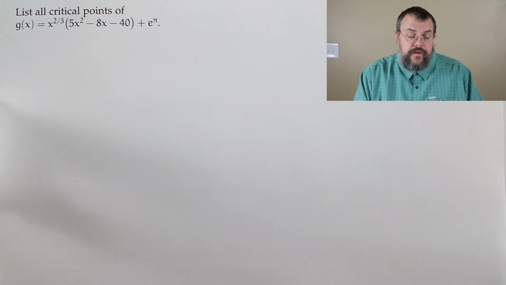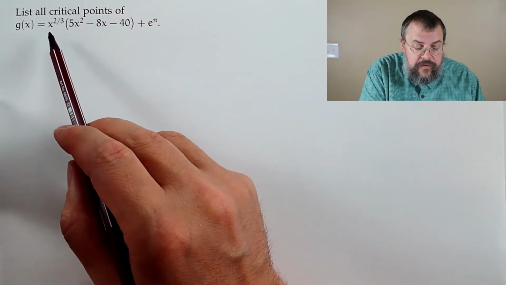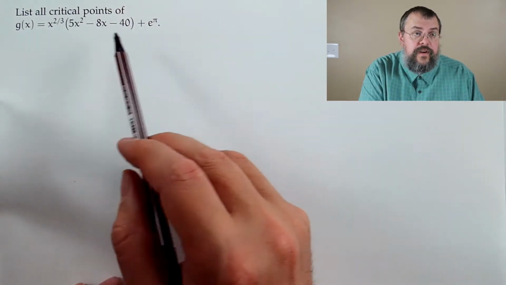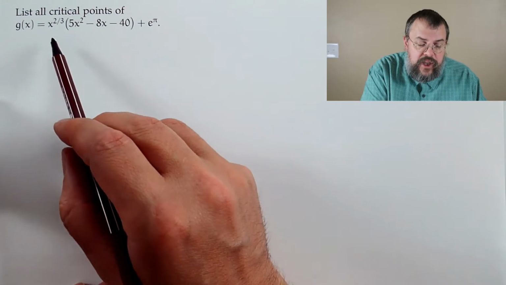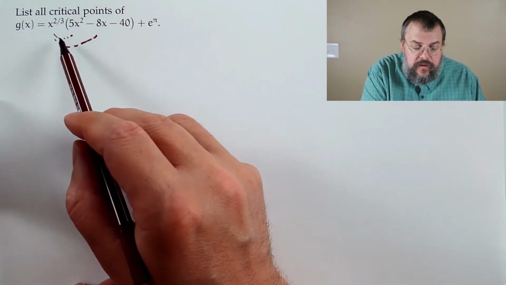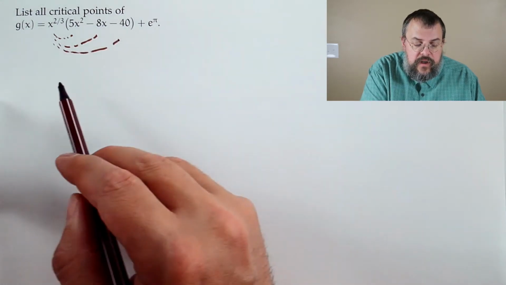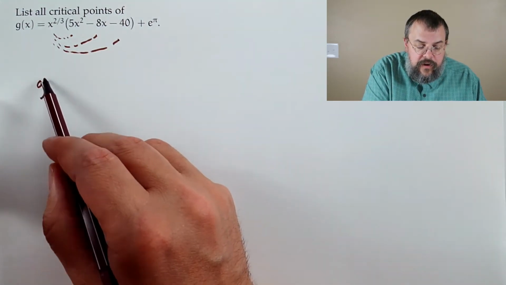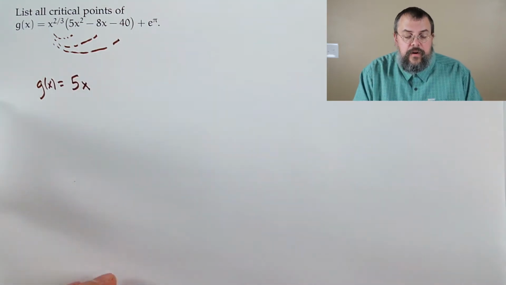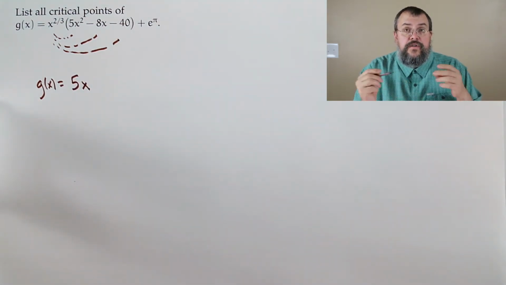So we want to take the derivative. Now, notice that we have x to a power here, then we have a polynomial, which really is combinations of x's to a power. So I think a good first step is before we take a derivative, let's distribute this power of x through. So we could have written g of x in the following way. So 5x, now I'm going to add 2/3 to 2.